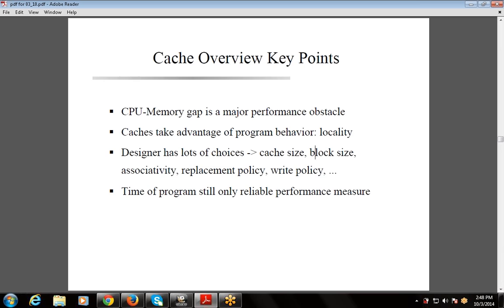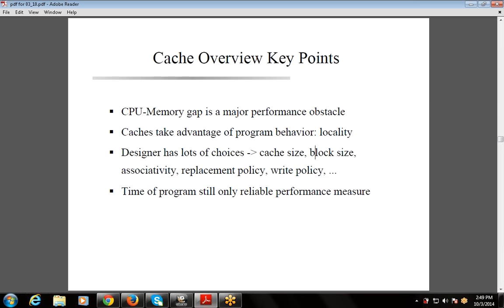These are the different concepts used in cache memory: different cache sizes, block sizes, associativity, and replacement policies like LRU and LFU. There are also different write policies, including write through, write back, write allocate and no write allocate. It depends on whether the data is available in the cache or not.